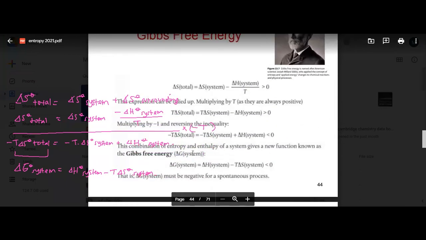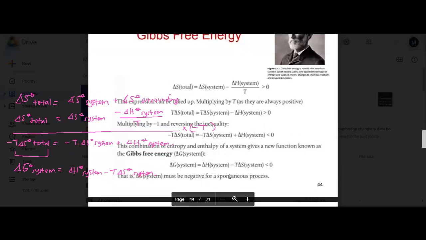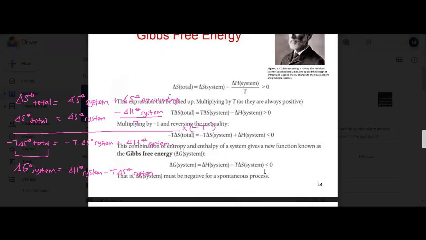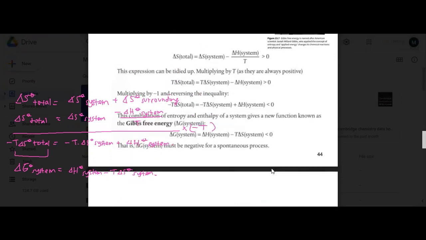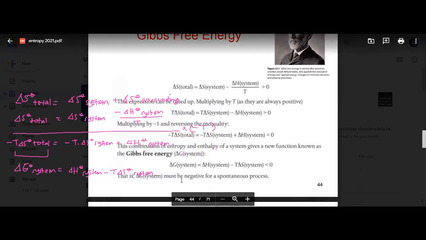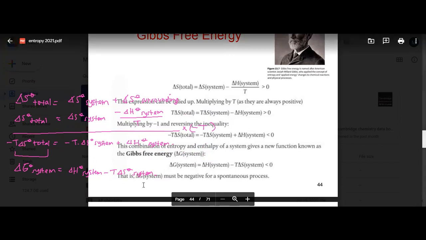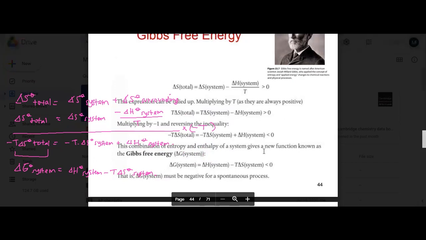You can see that in a spontaneous reaction, the value of delta G will be negative, less than 0. These are the rules for spontaneity. Once again, if you want a spontaneous reaction, then the value of delta G should be negative.